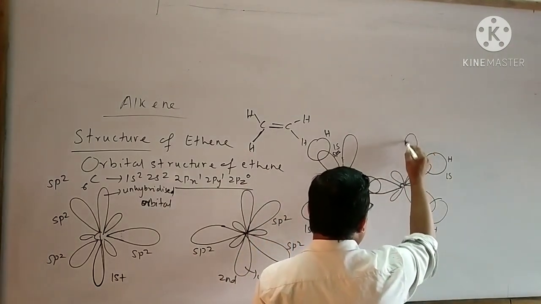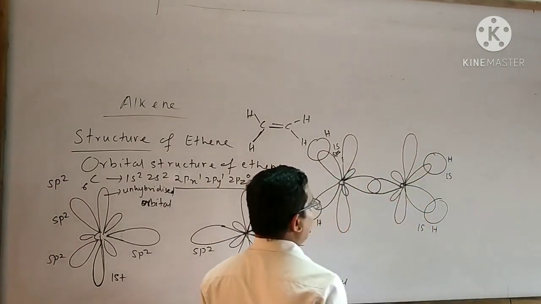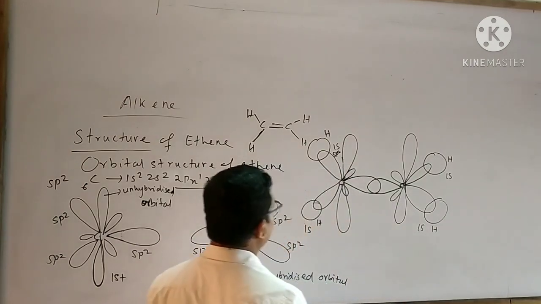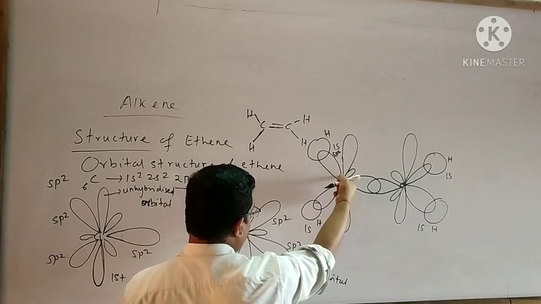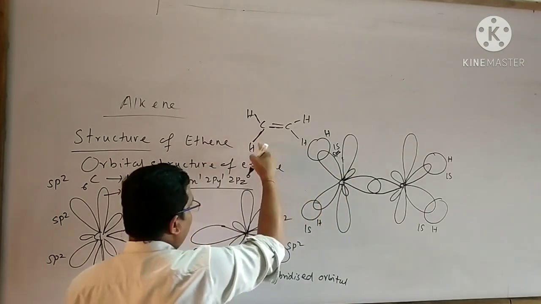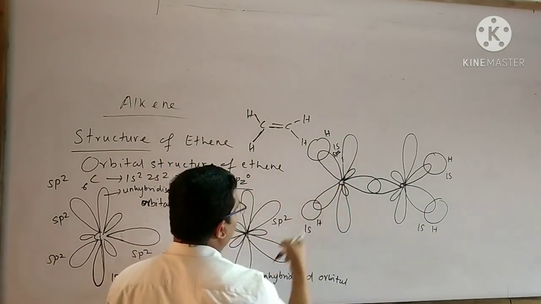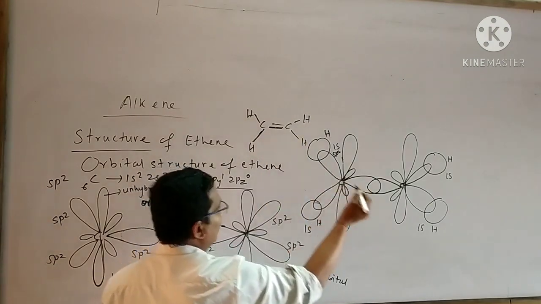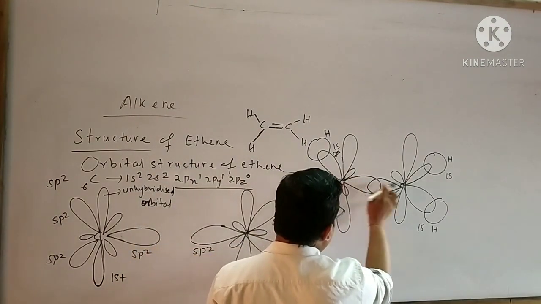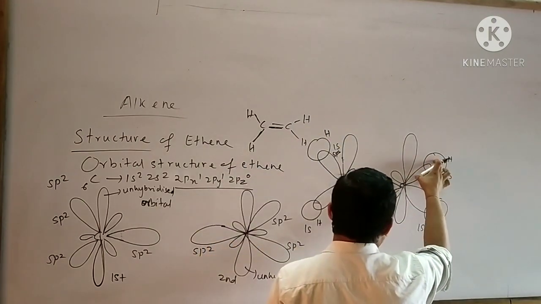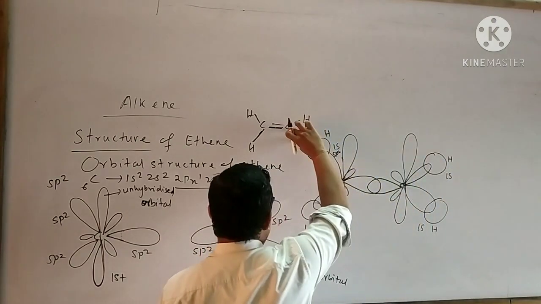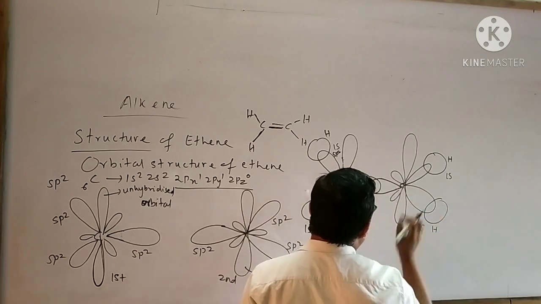This is the unhybridized orbital of this carbon atom. Each sigma bond is clearly explained by this diagram.